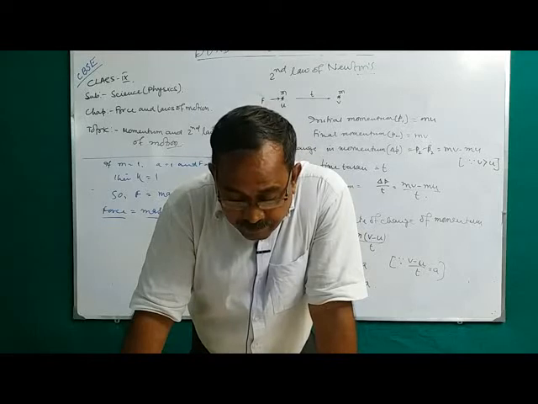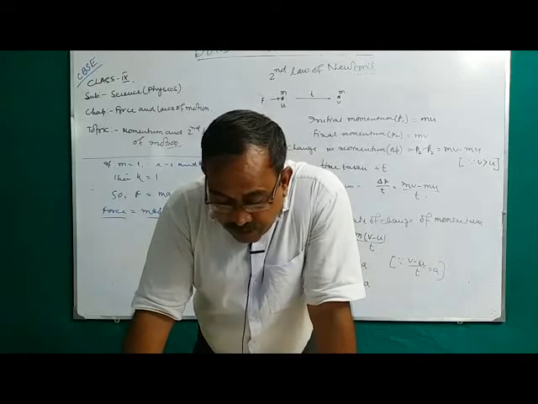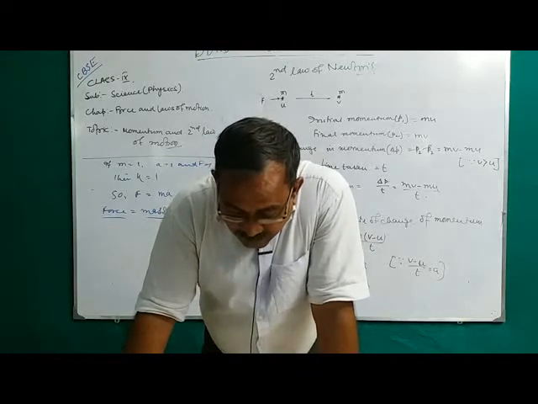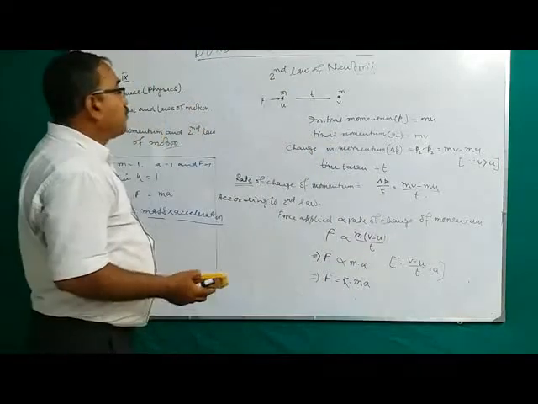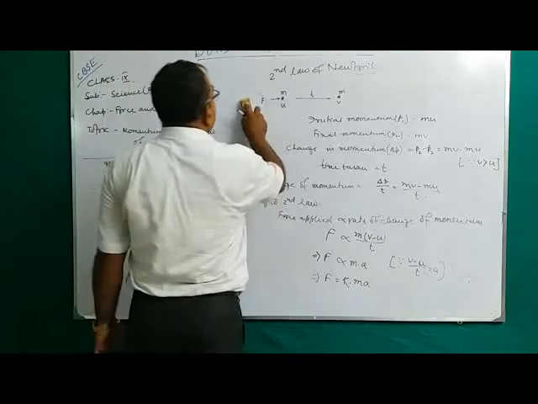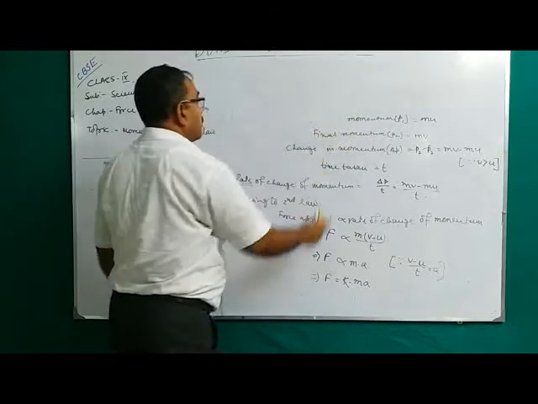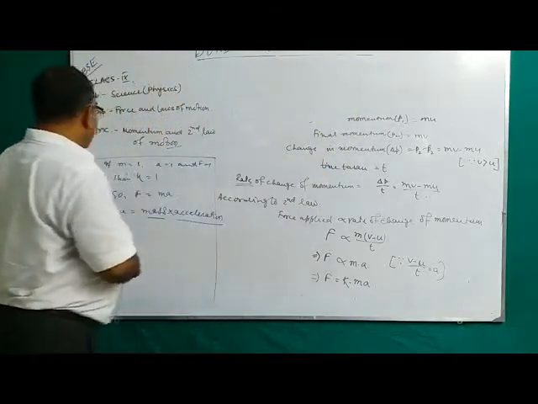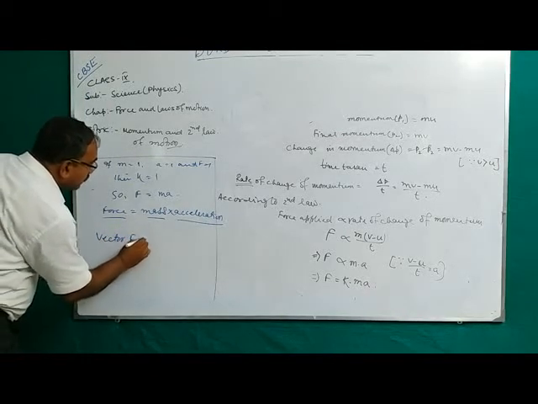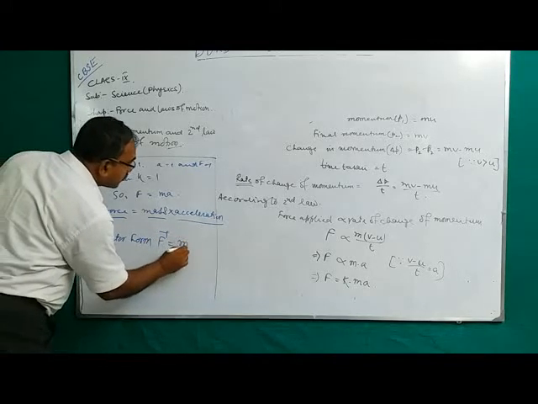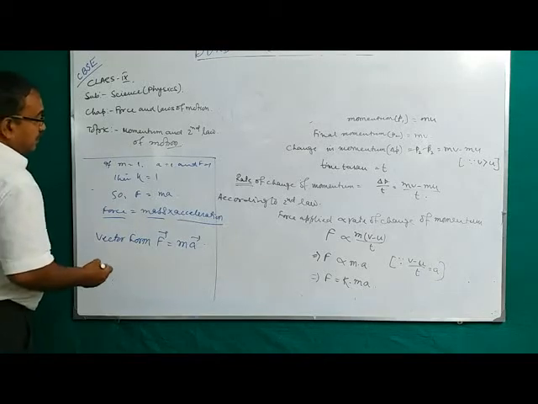The force given by equation 1 acts on the body. Newton's second law of motion in vector form. This is the vector form. And what is its unit?